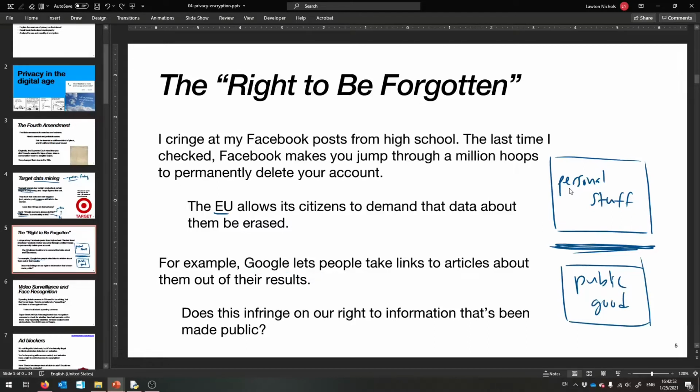But this law allows you to, for your own benefit, get rid of it. Okay, so there's this kind of tug of war between all of your personal information and the public good, and I think Kant would think one thing, utilitarians might think another. That's the idea. So there's no right answer.